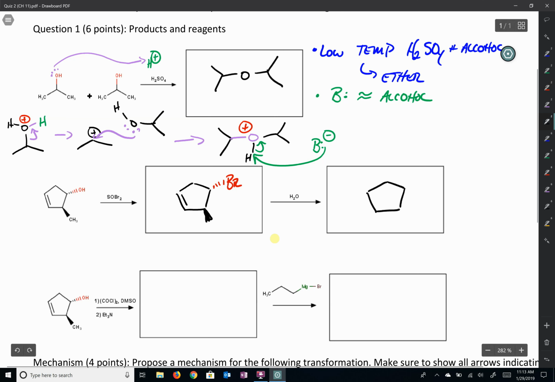Now, the second step here. So now we've got to stop and think here. What do we have? Well, we've got a very good leaving group. It's secondary.